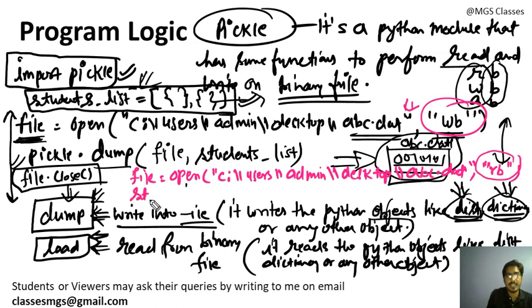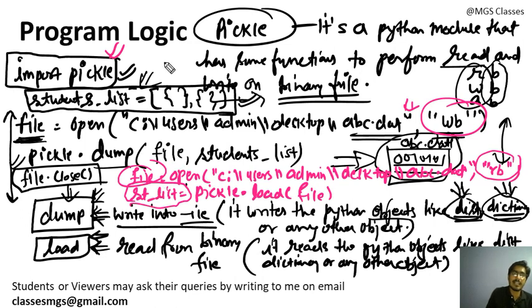Let's suppose you are creating st_list, and you will get the same list if you use pickle.load, after importing the pickle module, that line is necessary. Then you pass the file pointer that you have created. This will return the exact list that you have stored in this binary file at the time of writing. You will get exactly the same list object.